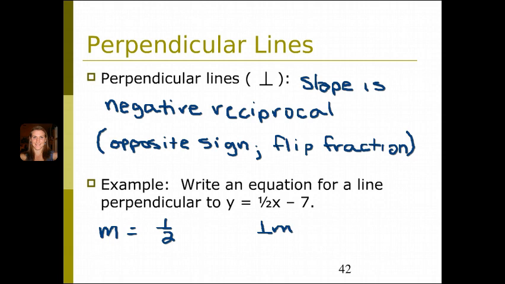Well, like I said, we have to take the opposite sign. They gave us a positive, so I would need to make my new slope negative, and I need to flip my fraction. Well, if I flip 1 over 2, then I would be left with 2 over 1, which is the same as just negative 2.